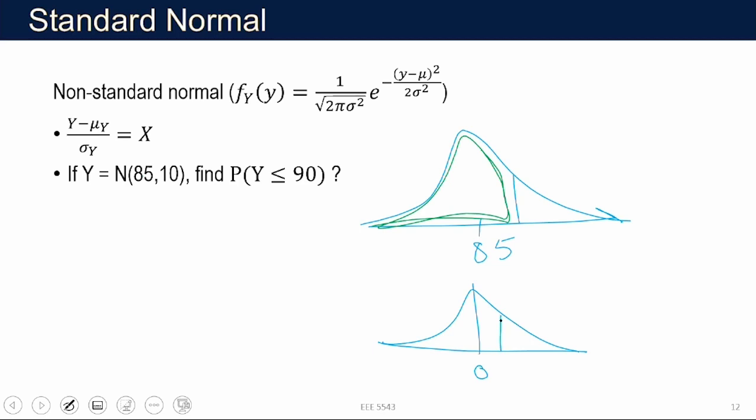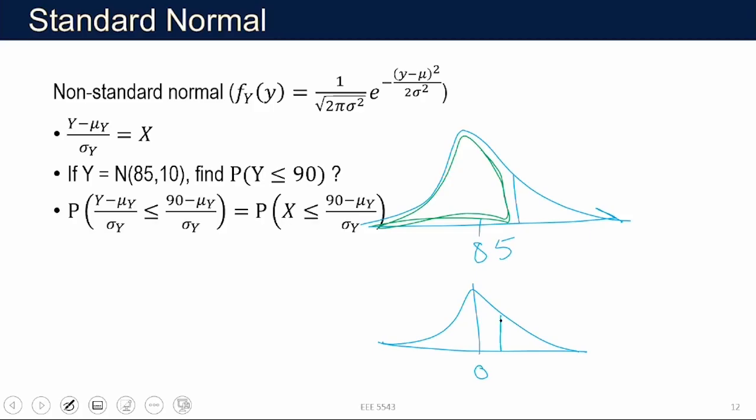So that means we could translate back that probability that y is less than 90 to a standard Gaussian as the probability that our standard Gaussian is less than 0.5. And for that, we can use a standard table to look up that answer, and then we know that that's going to be the same answer as in the case of this Gaussian that is not standard.